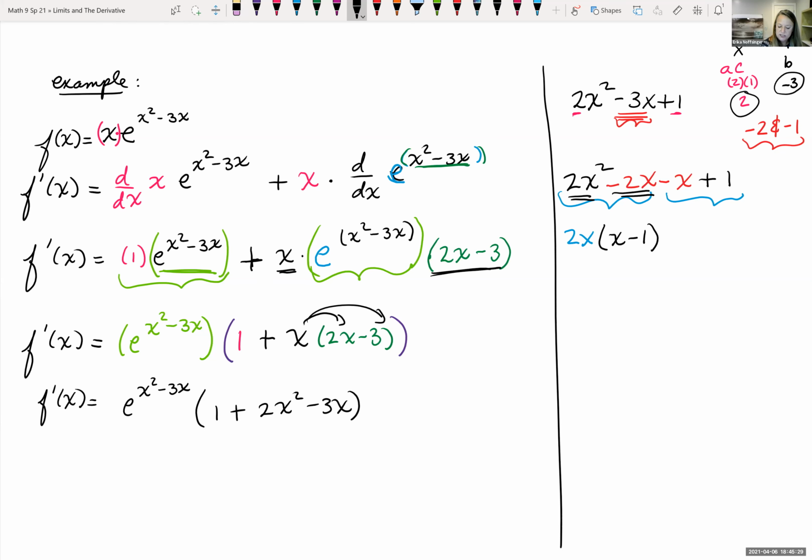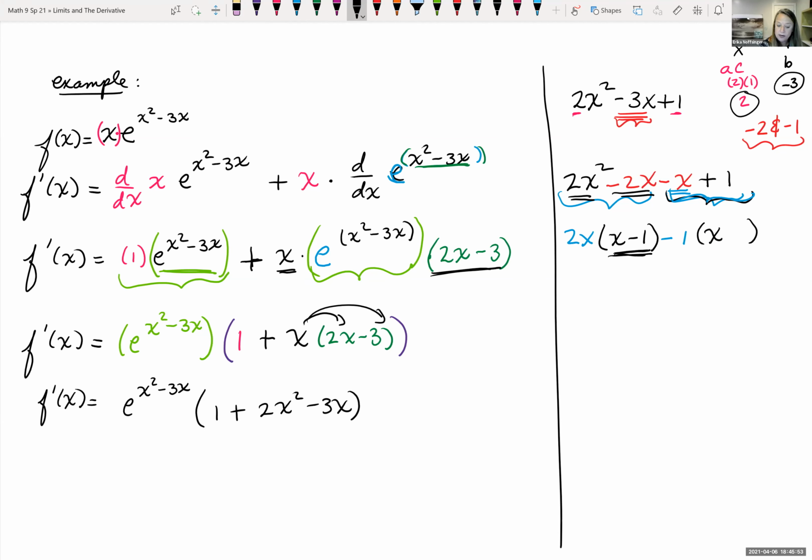I want what's inside this parentheses, once I factored out of these last two terms, to be the same thing, x minus 1. Right now we have negative x plus 1. So I can manipulate it to look like this x minus 1 by pulling out a negative 1. So pulling a negative 1 out of negative x, that's going to give me a positive x.